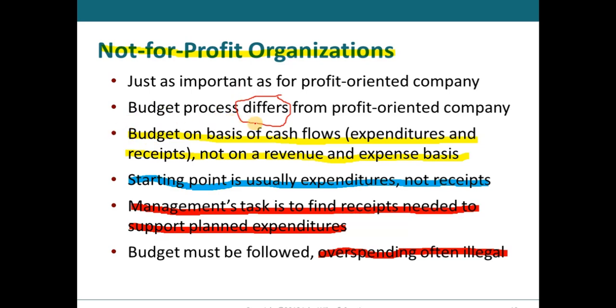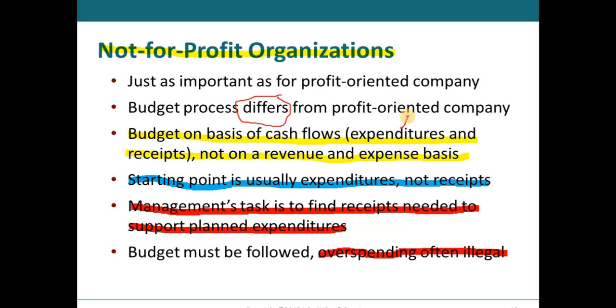The budget process differs from profit-oriented companies. One, budget on the basis of cash flows, expenditures and receipts. Cash outflow and cash inflow, not on a revenue and expense basis.